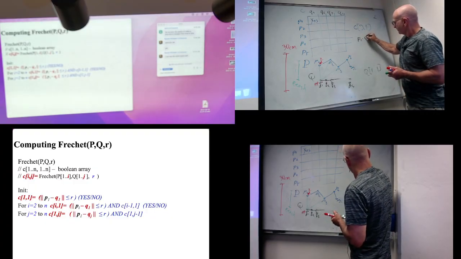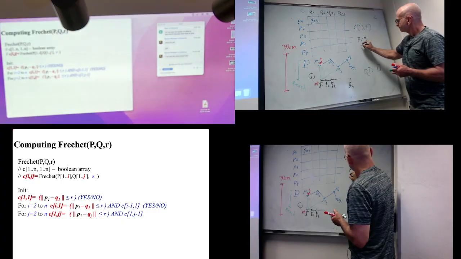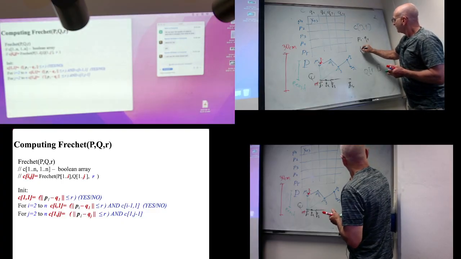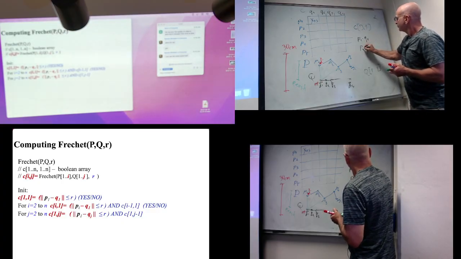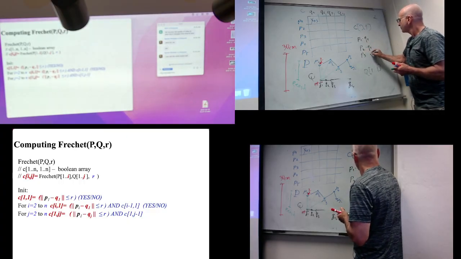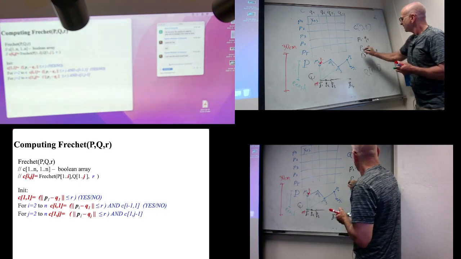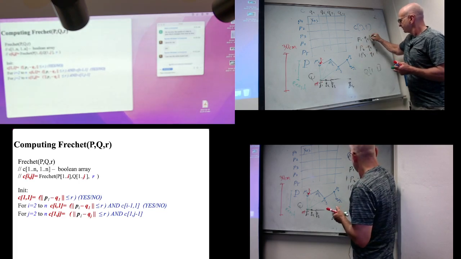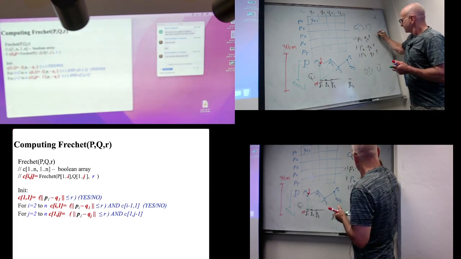P1 minus Q1, P2 minus Q1, and P3 minus Q1, these are all true.